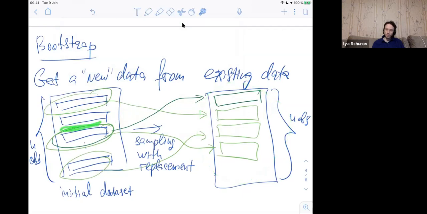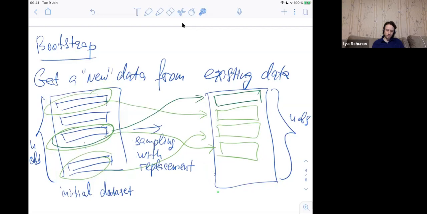Some of them will just remain not used. And with this procedure, you create a new data set that is, in a sense, statistically similar to the initial data set. But it is different. You don't have some observations. Some observations were taken twice or 3 times.